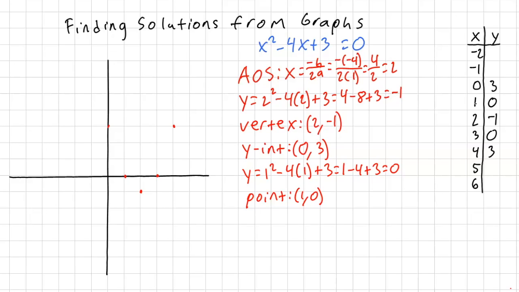So this kind of helps us look. You don't have to use the t-table. It's just another way to see what you're graphing. And so when the y is 0, that is the solution. So when we go to graph this, we see that the graph intersects the x-axis when x equals 1 and also 3.